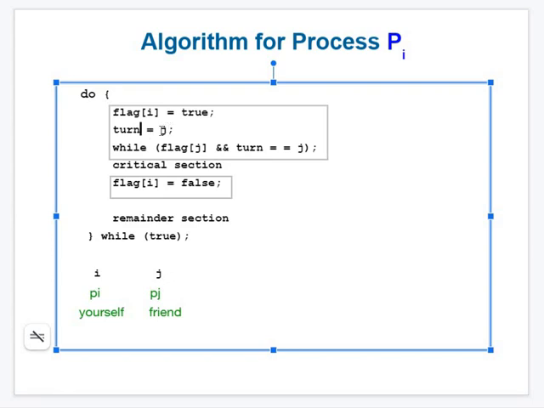So turn becomes I, because it is you. Next, up to when do you have to wait? Up to Friday, because Wednesday and Thursday are his turn. You should wait on Wednesday and Thursday. If you don't wait, definitely the resource will not be given, and this algorithm doesn't work. What happens then?